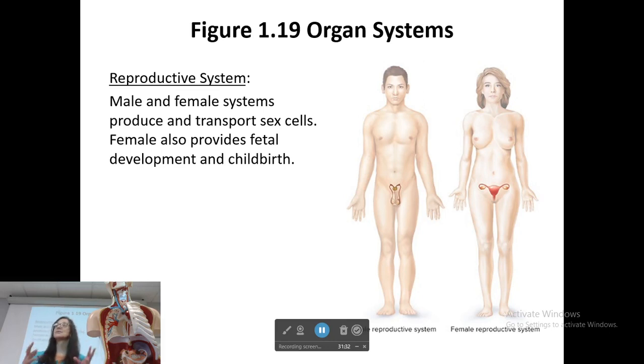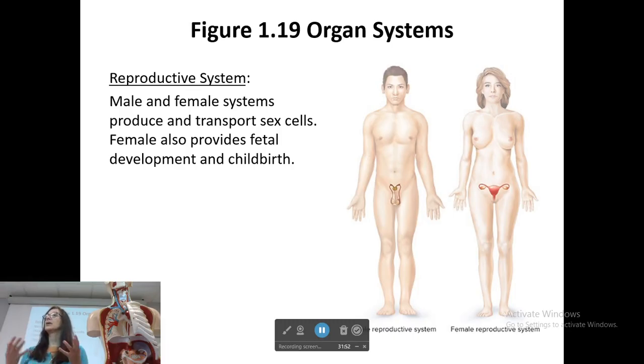So the reproductive system's main functions are producing the gametes, and the female reproductive system has more functions. Okay? And again, some of these organs are involved in other systems.